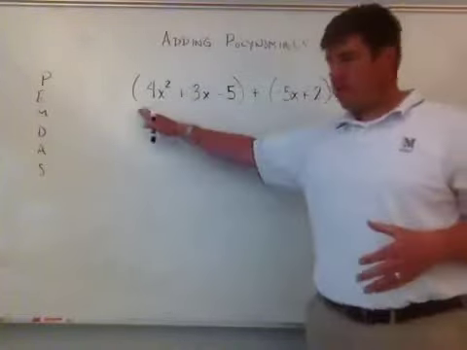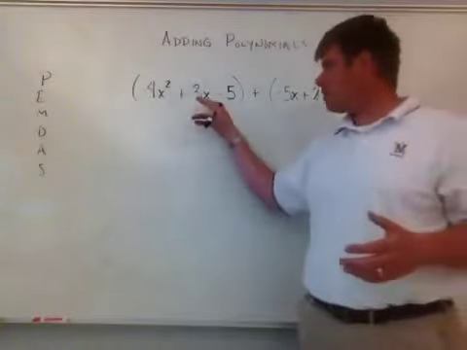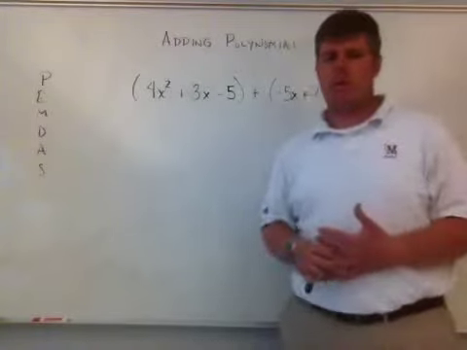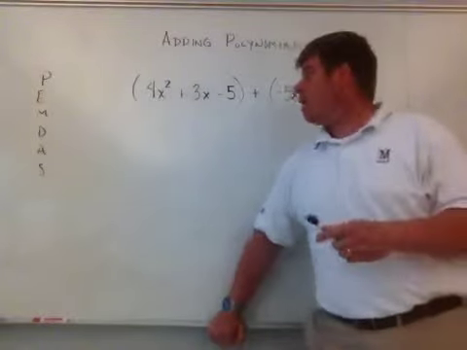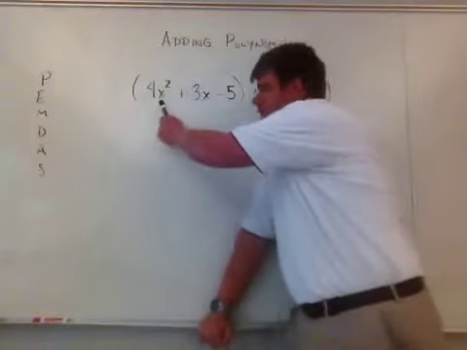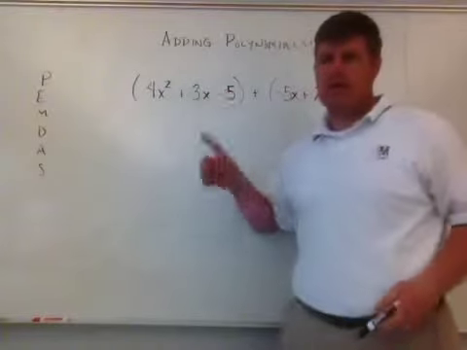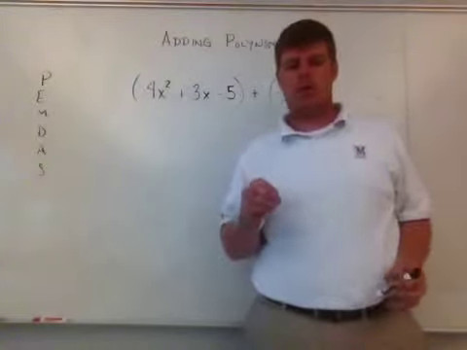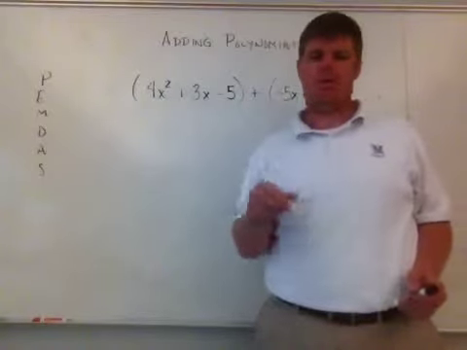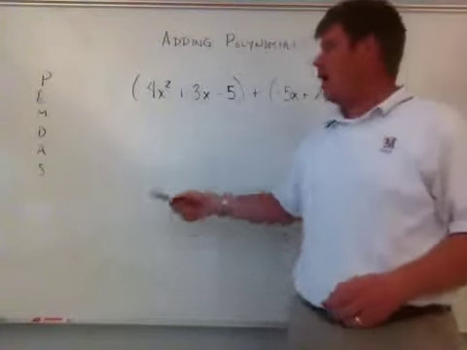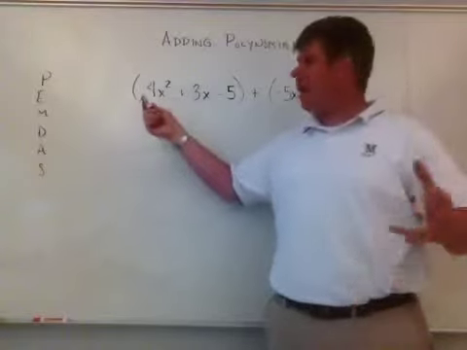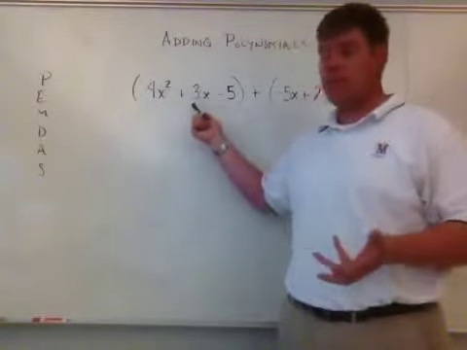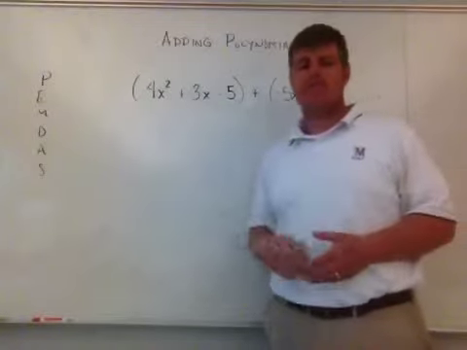If I take a look at this first parenthesis, I have 4x squared plus 3x minus 5. The most important thing to know here is that yes, this term has an x, and yes, this term has an x, but they aren't considered like terms, because like terms means that the variable and their exponents match identically. This term has a 4 and an x, but the exponent is a 2. This term has a 3 and an x.